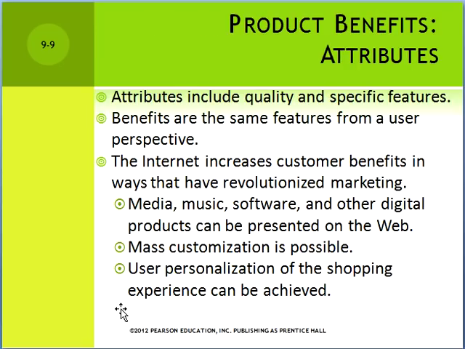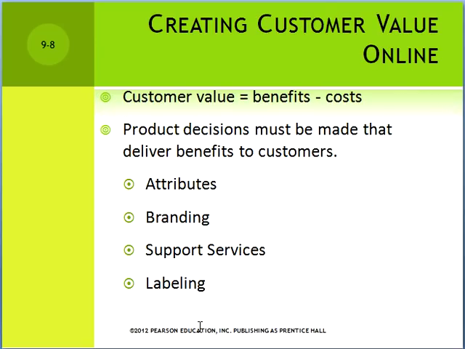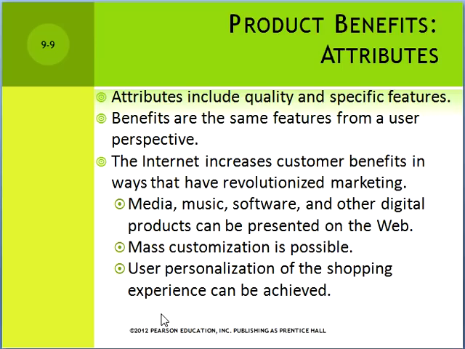So let's go through each of those. The product benefits we just mentioned over here: the attributes, the branding, the support services, and labeling. So the first one is attributes. The attributes include the quality and the specific features of that product.